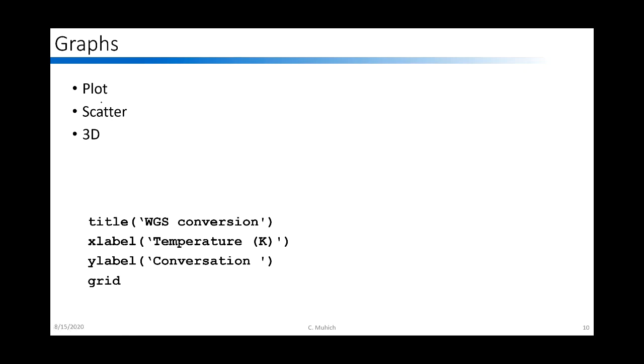We're going to use the general plot form, a scatter plot, and then we'll look at 3-dimensional plots in a second. And then we can use different commands to tell MATLAB how we want to visualize that plot.